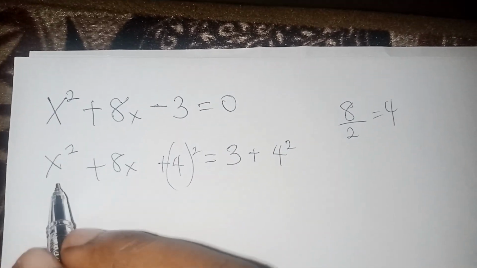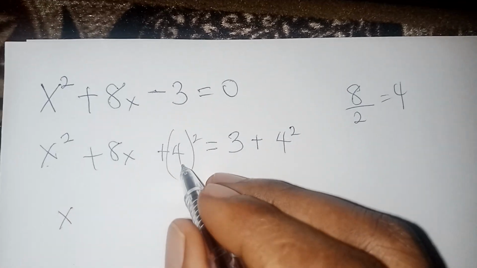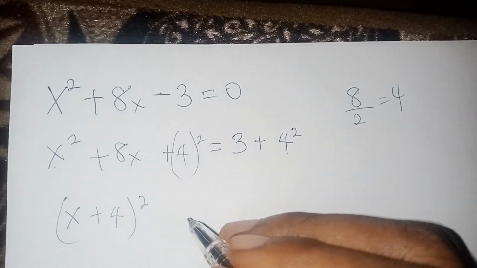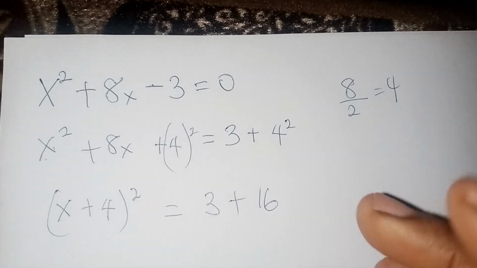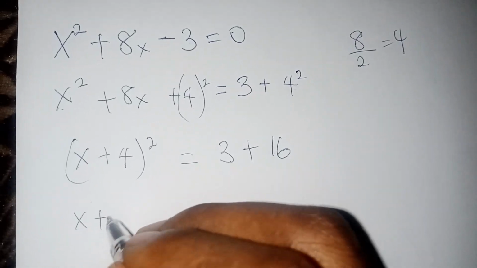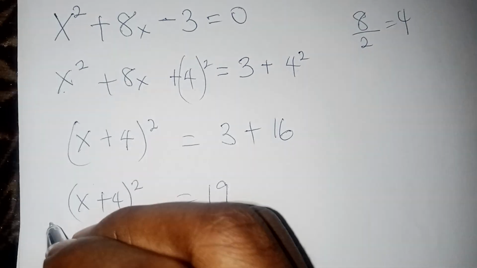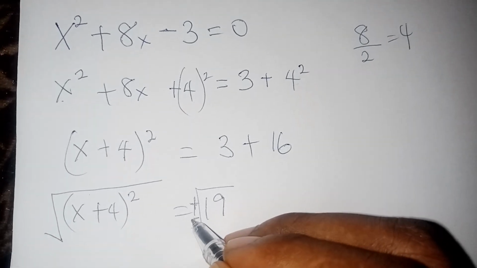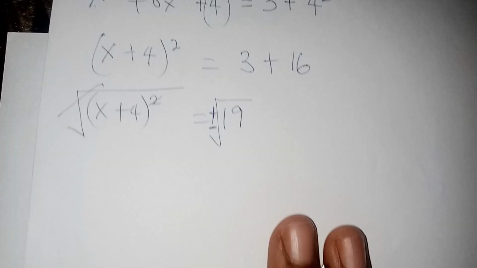You get it? So the next step we're going to do is take one of this x, take one of this again, squared everything, and then this will give us 3 plus 16, which is going to give us 19. So let's complete that. All right, so we take the square root of both sides, introducing our plus or minus, and then this square cancels this square root.